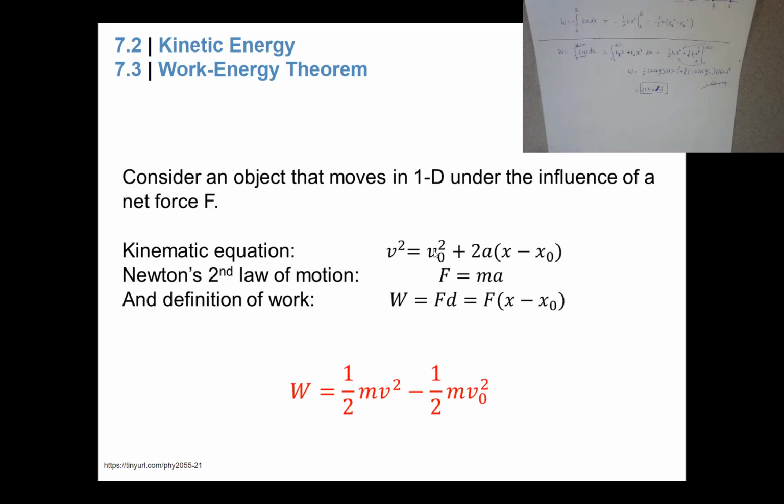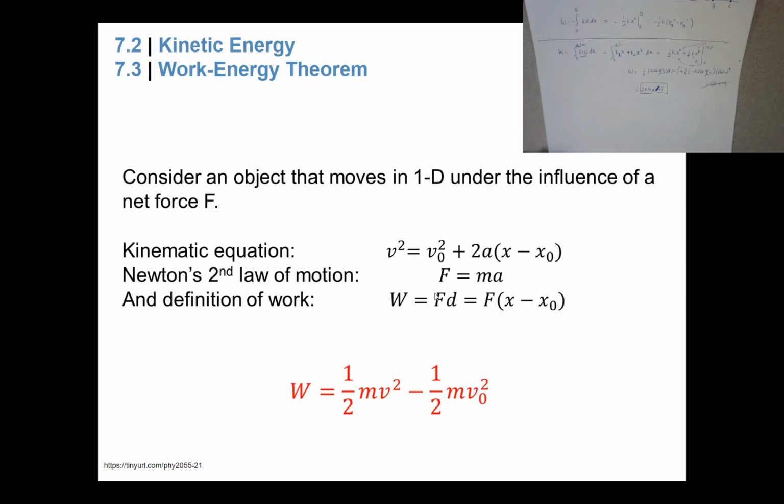So that's just assuming the one-dimensional kinematic equations. We are going to pick the last one of the five one-dimensional equations. If you guys remember, the last one is final velocity squared equal to initial velocity squared plus 2 times acceleration times x minus x naught. In this case, we are assuming the acceleration is constant. Also, we learned Newton's second law, which says force equals mass times acceleration. And then we just learned this new concept of work done.